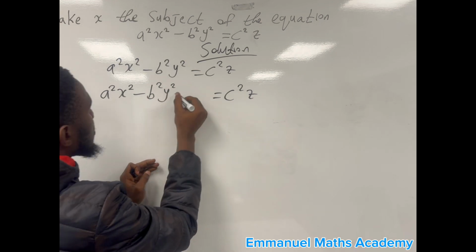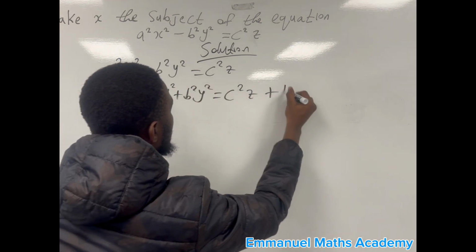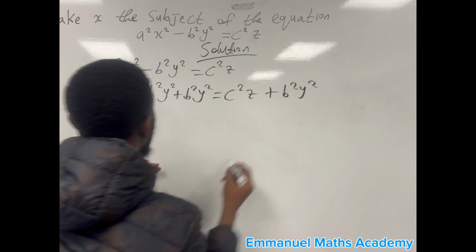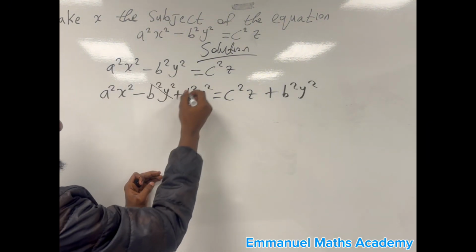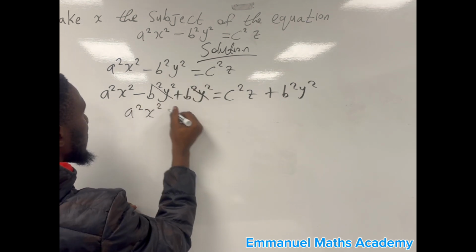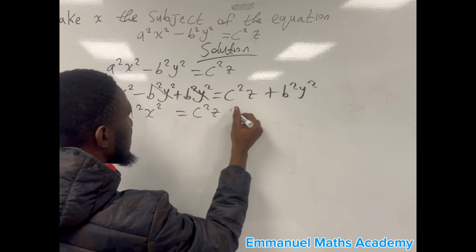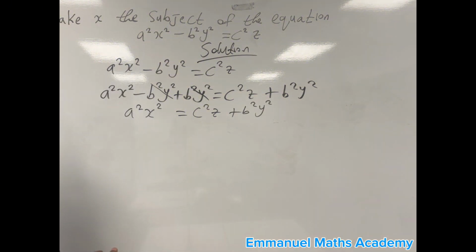So we do what? Plus b squared y squared, plus b squared y squared. Since you have the negative of this and the positive, it will cancel out. Hence, we have a squared x squared equal to c squared z plus b squared y squared.